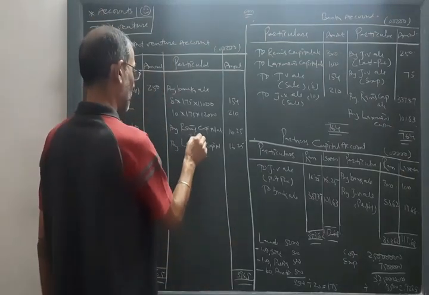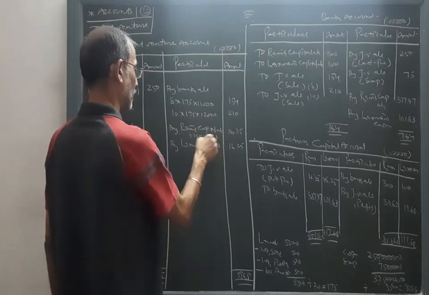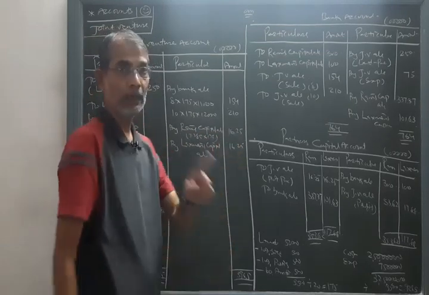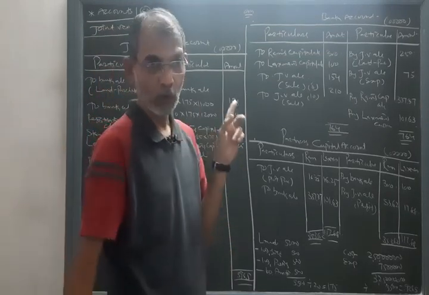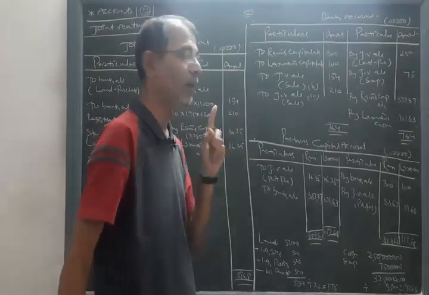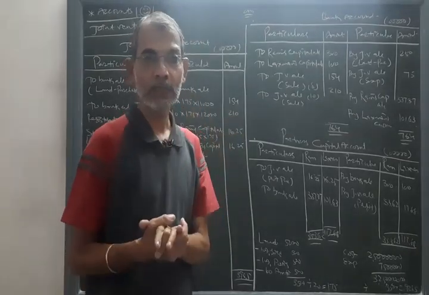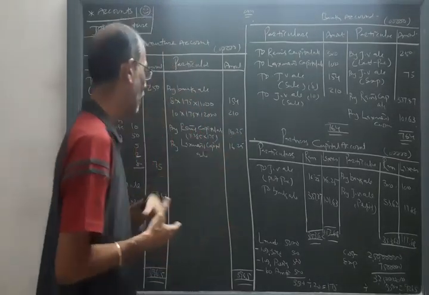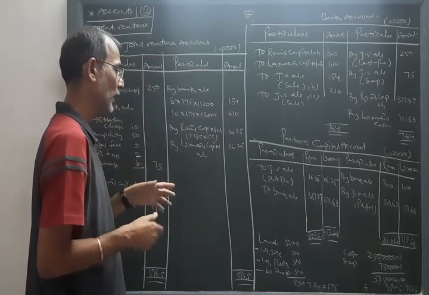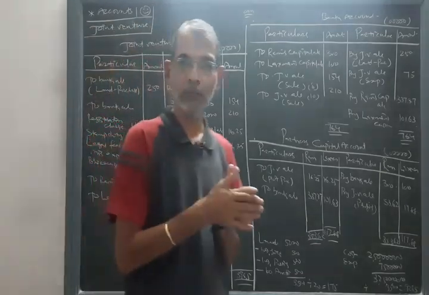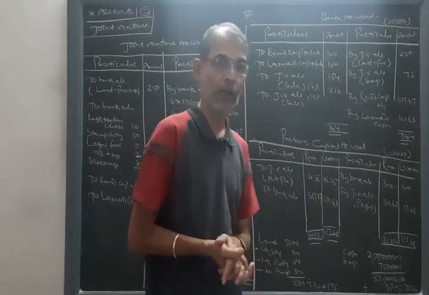9285 into 175, the figure is written in lakh. So what comes, divided by 1 lakh, will be 16.25 on the credit side of the joint venture account, while on the debit side of the partners' capital account.